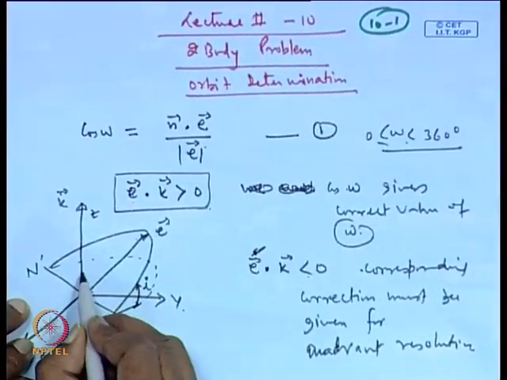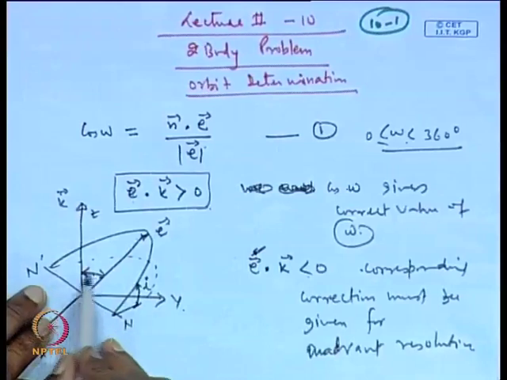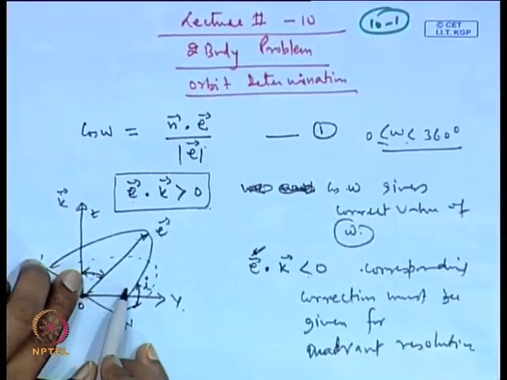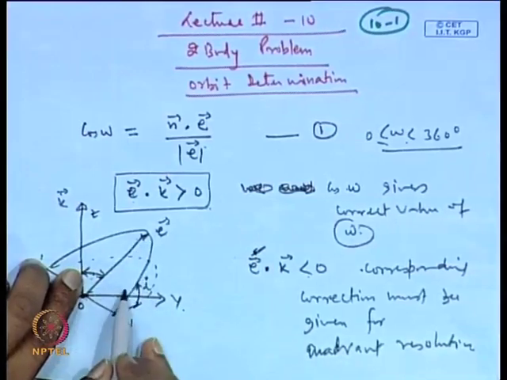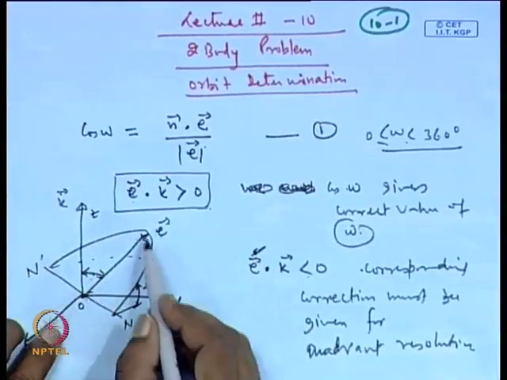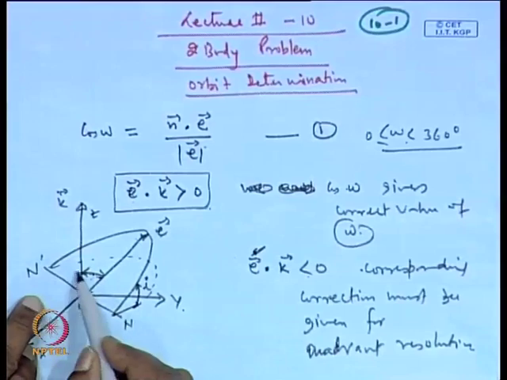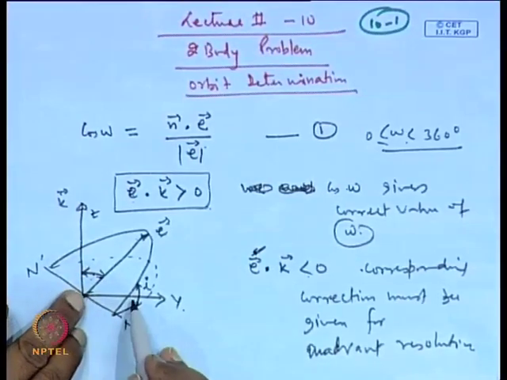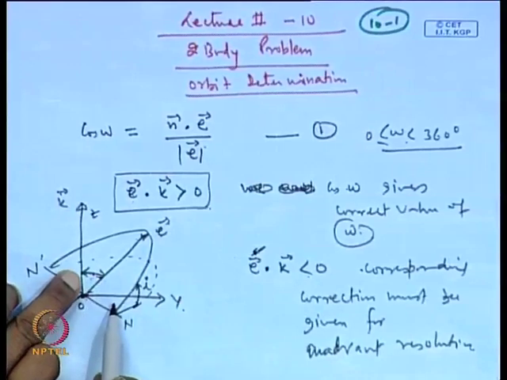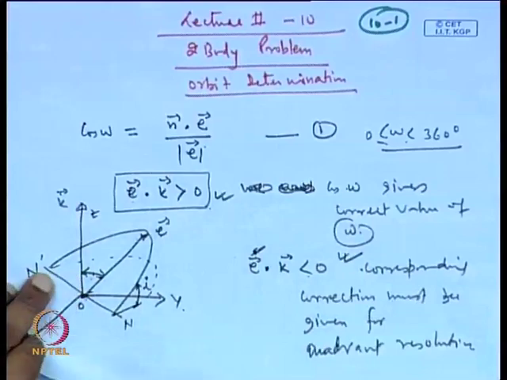So, the angle between E and the z vector, this angle here, if the E vector is above the x y plane, remains less than 90 degrees, even if E is lying on this side. But as soon as E goes below the x y plane, you will see that this value exceeds 90 degrees, and therefore both these assumptions are correct.